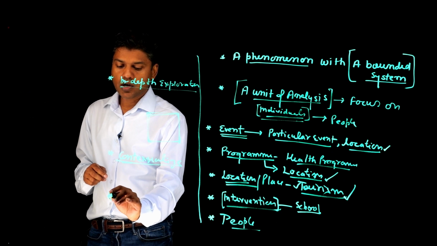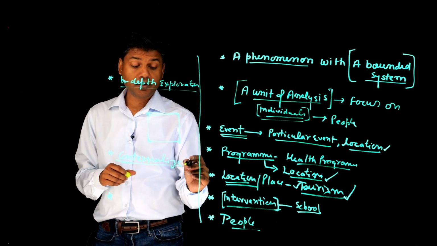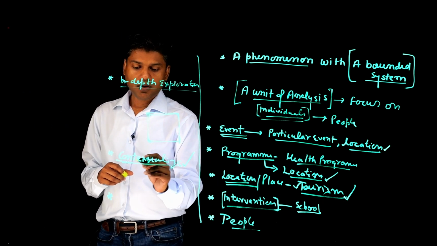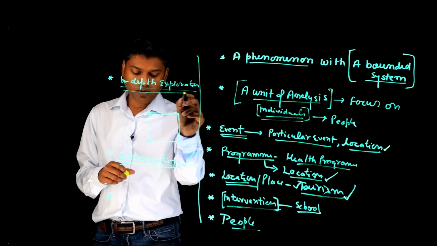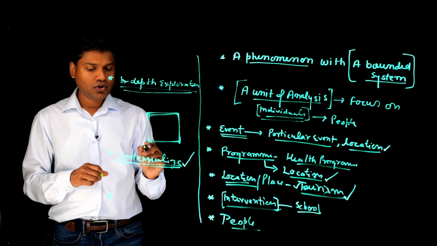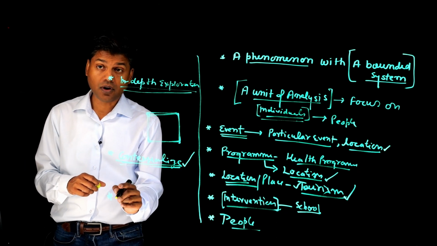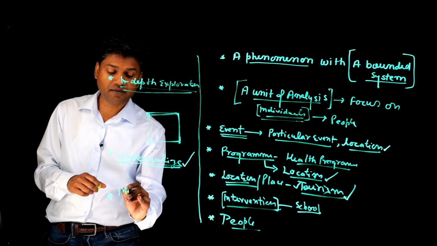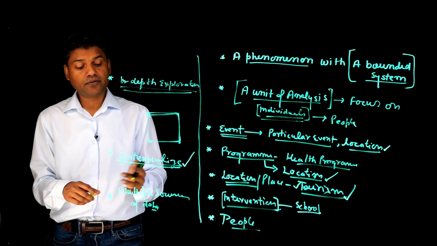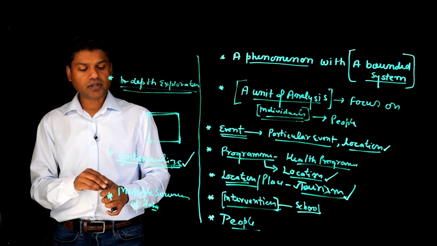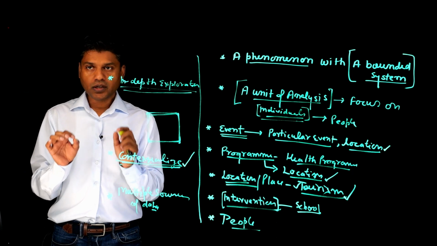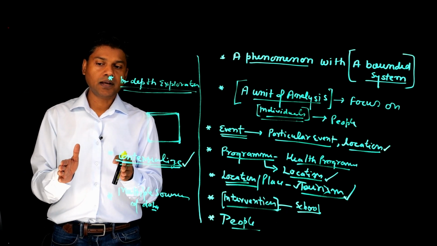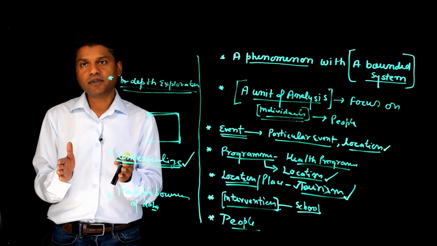Since you are, as a case study researcher, focused on having more contextual data and more in-depth exploration, you can focus on multiple sources of data. We will explore it further, but right now just understand that as a case study researcher, you take your case, you bound the case, and you collect all kinds of data from different sources.